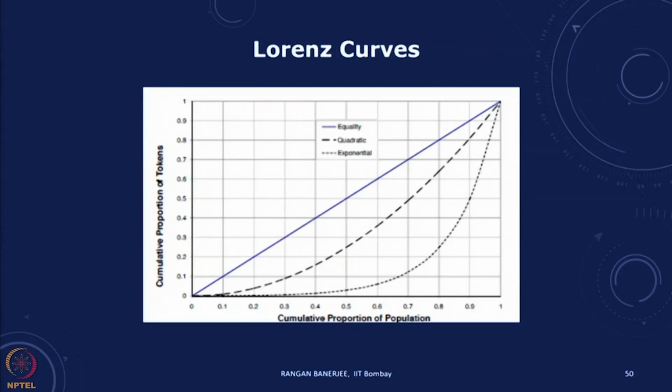Now, just to show you some of the Lorenz curves, you can see that these are different. Obviously, if you compare this curve with this, you will find that this one shows more inequality as compared to this. This will have a higher value of the Gini coefficient.